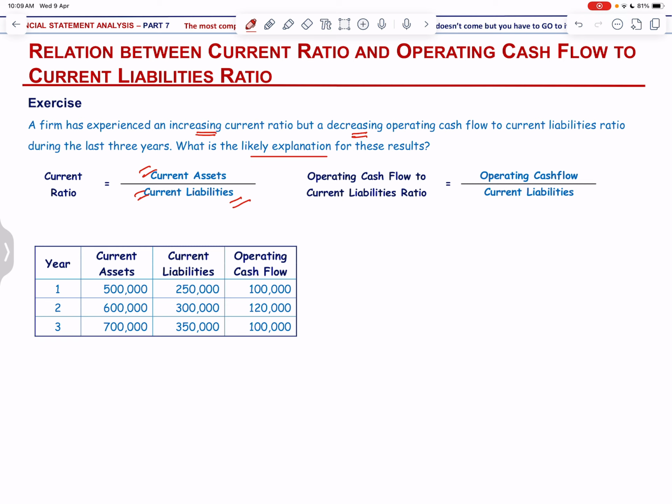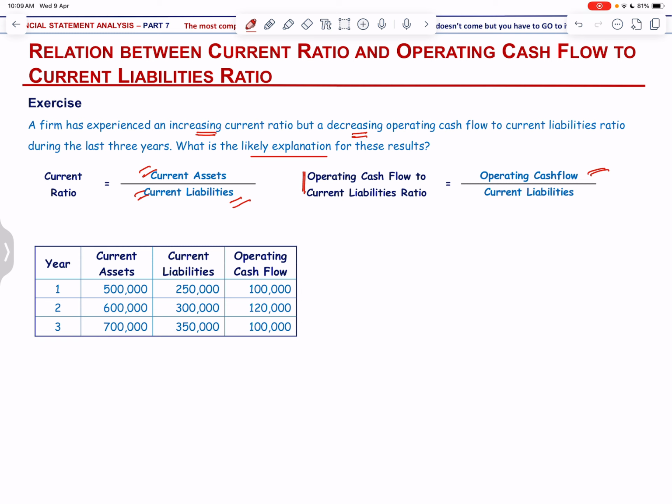Now, coming to the operating cash flow to current liabilities ratio, that is decreasing. A decreasing ratio suggests that the firm's liabilities are increasing, but its operating cash flow, that is cash generated from operations, is not growing sufficiently to cover these liabilities.